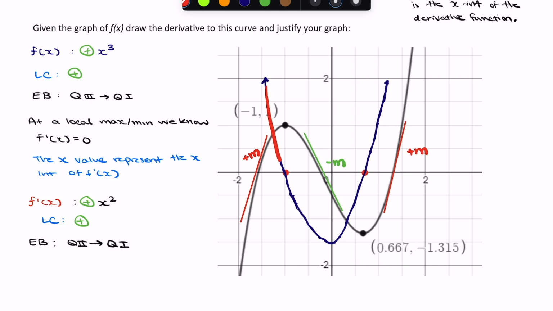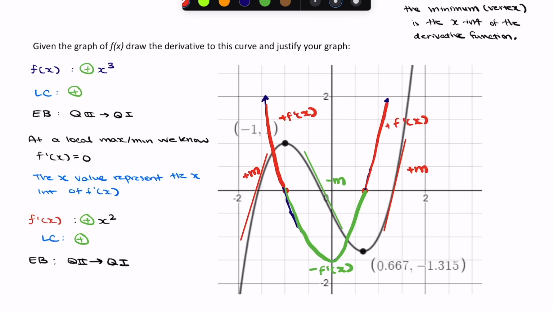So there's an increase of f prime of x, there is a decrease of f prime of x here, and then there's another increase of f prime of x here. So again, it is negative where the original function is decreasing and positive where it is increasing.